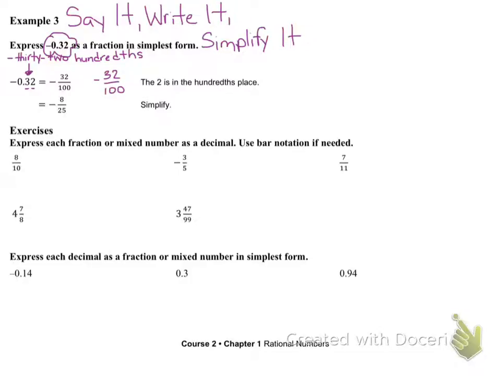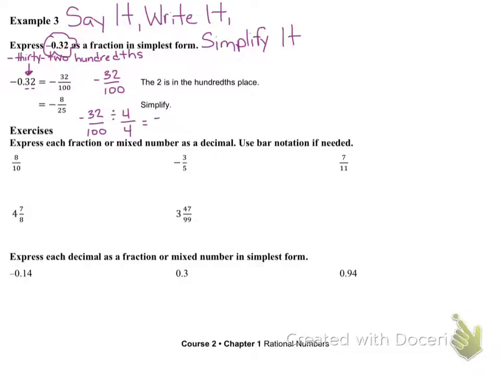And now we see if it can be simplified. So I look at negative 32 hundredths, and I try to think of something that will go into 32 that will also go into 100. Well, I know that 4 will go into both of those. So what I'm going to do is divide this by 4 over 4. Now remember, a number over itself is just 1, so I'm really just dividing it by 1, which means I'm not changing its value.